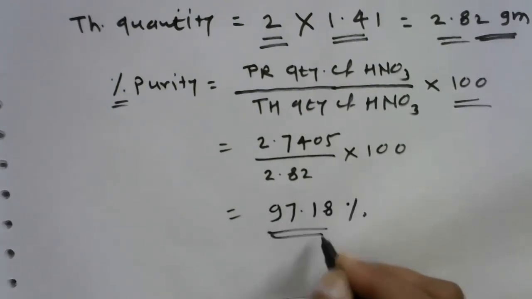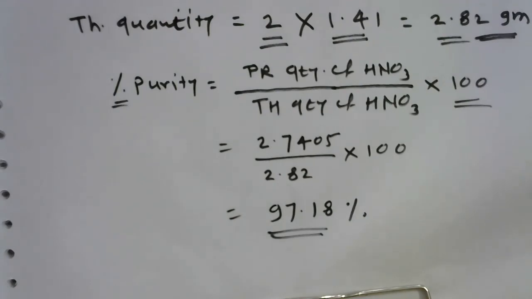So this is the purity of the concentrated nitric acid which we have used for performing the experiment. So note down this reading and compare it with the actual value of percentage purity which is indicated on the commercial or concentrated nitric acid bottle.